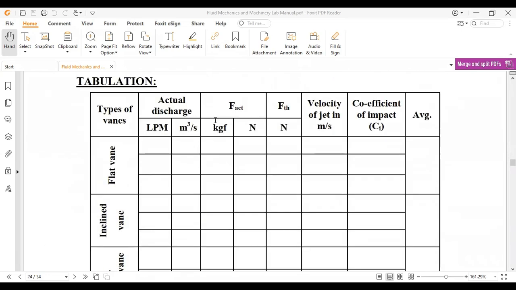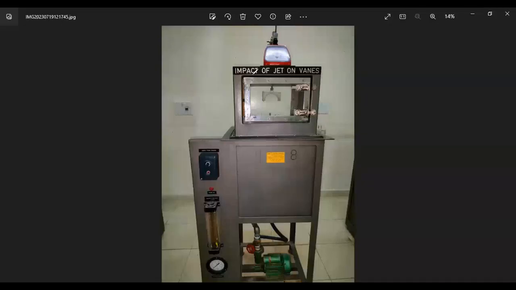Next, the actual force should be taken from the scale. See, this is the scale. From this you should note down the readings, and the LPM reading should be noted down from the rotameter.